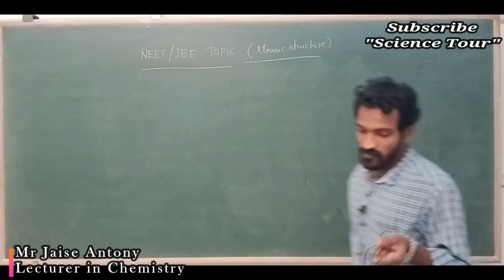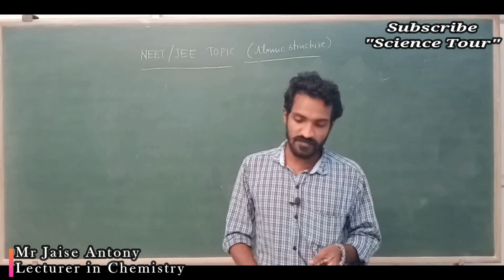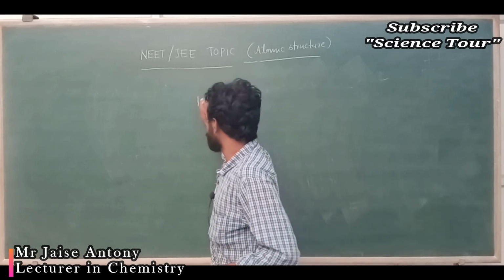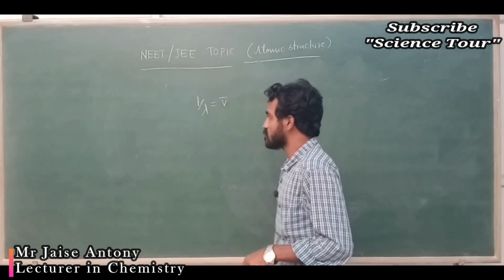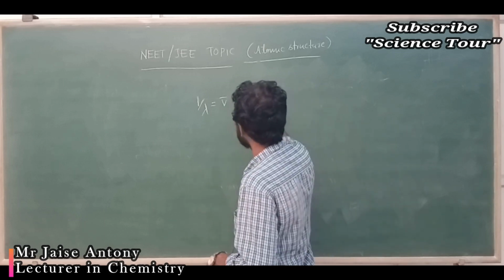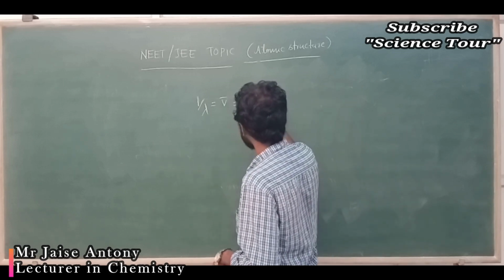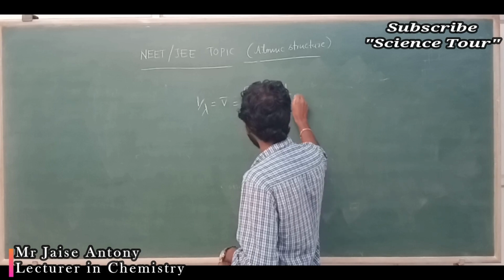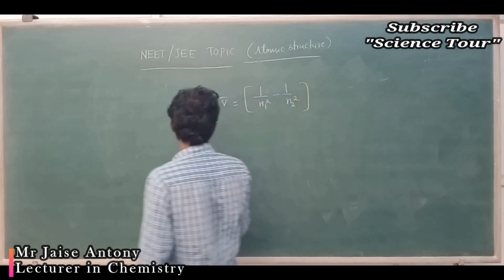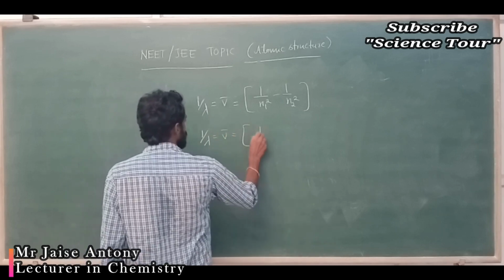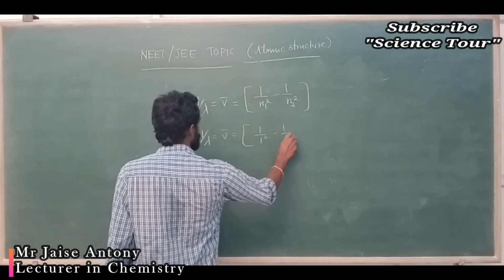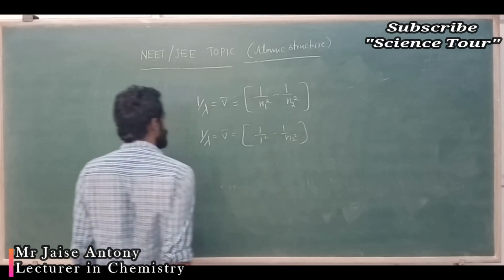My dear students, one more formula is given related to this. 1 by lambda is equal to wave number, it's nothing but the inverse of wavelength. It gives R_H times 1 by n1 square minus 1 by n2 square. For Lyman series, we write 1 square minus 1 by n2 square, where n2 is any higher energy level.